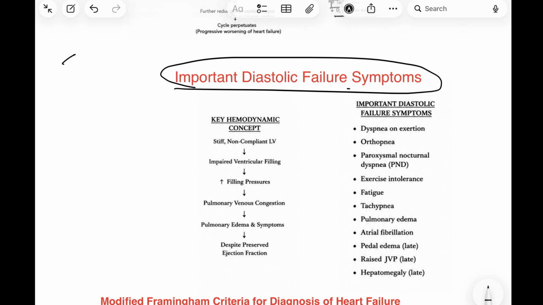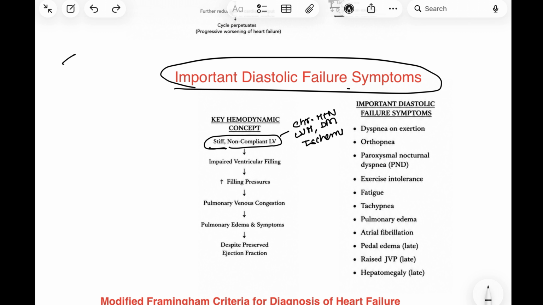The next concept is important: diastolic failure symptoms. The main reason behind diastolic failure symptoms is a stiff and non-compliant LV, right? And what is the reason behind this stiff and non-compliant LV? It is chronic hypertension, left ventricular hypertrophy, diabetes mellitus, and ischemia.